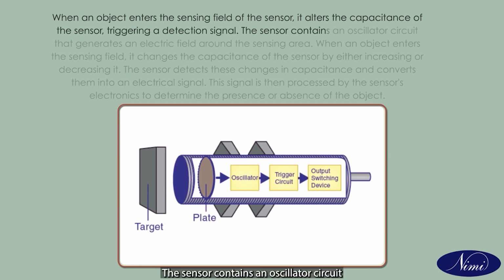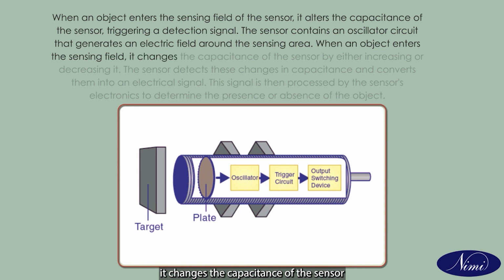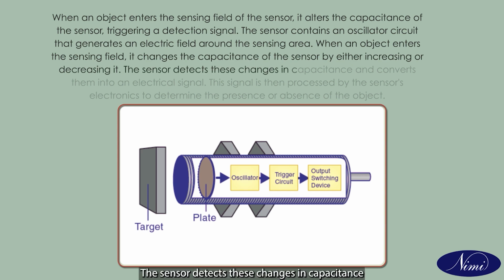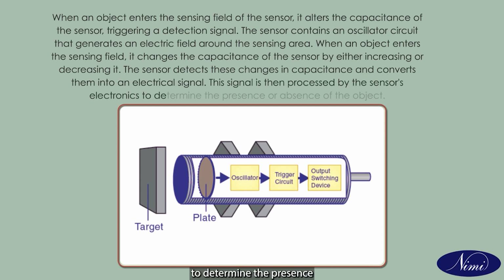The sensor contains an oscillator circuit that generates an electric field around the sensing area. When an object enters the sensing field, it changes the capacitance of the sensor by either increasing or decreasing it. The sensor detects these changes in capacitance and converts them into an electrical signal. The signal is then processed by the sensor's electronics to determine the presence or absence of the object.